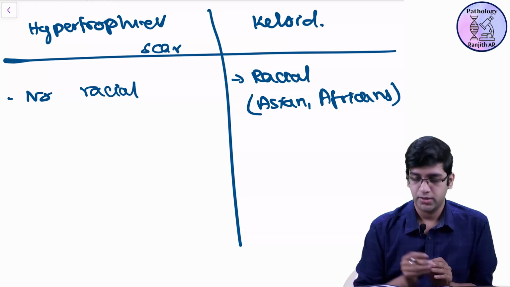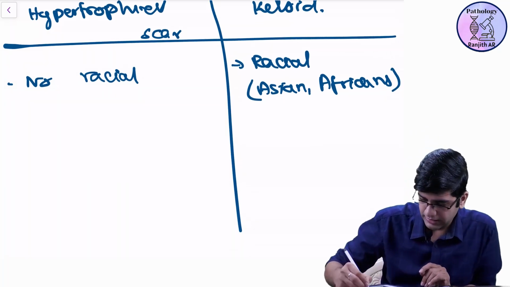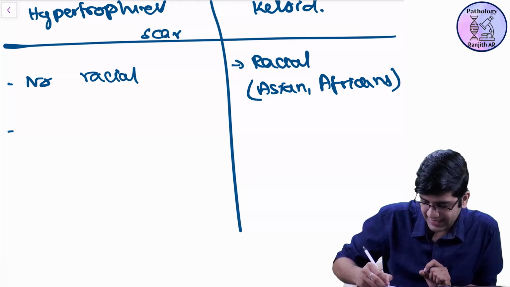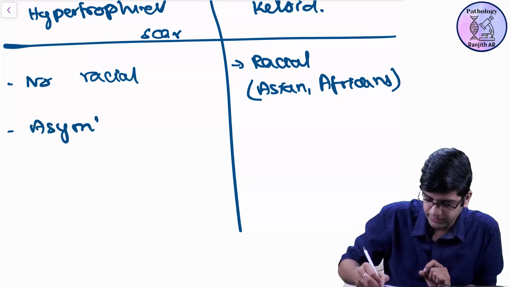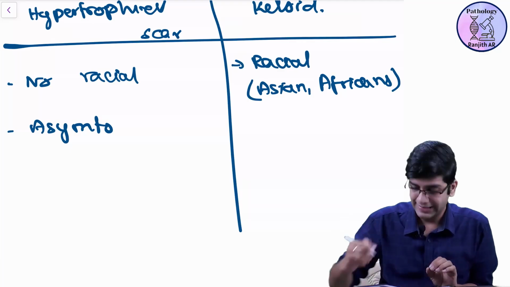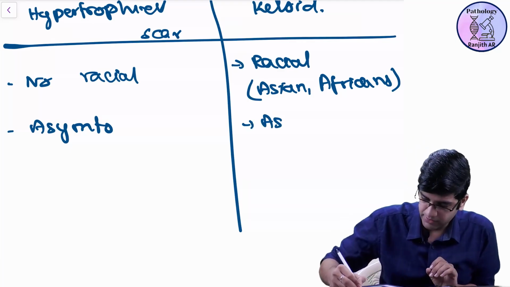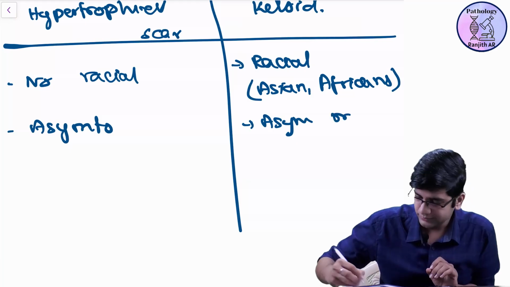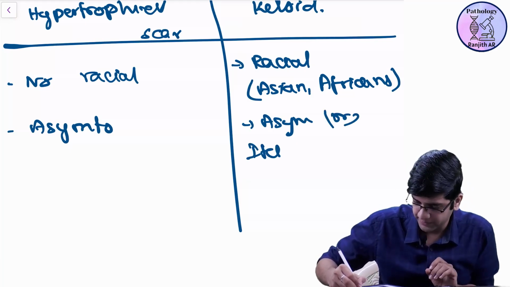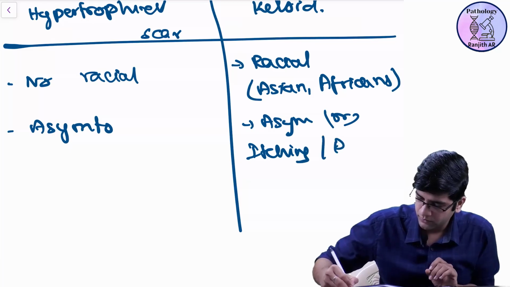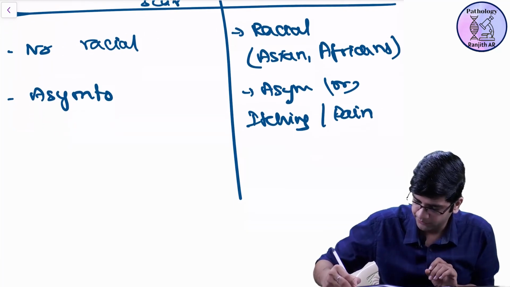Hypertrophic scars are asymptomatic. They don't have symptoms, just a scar which is bigger, that's all. Keloid can be asymptomatic, or it can have itching or pain.